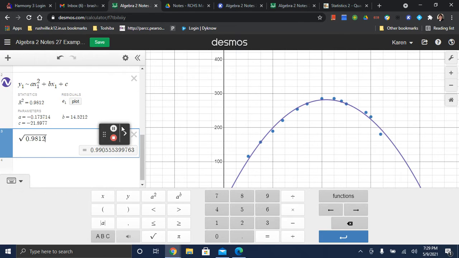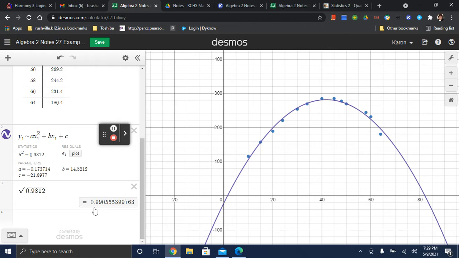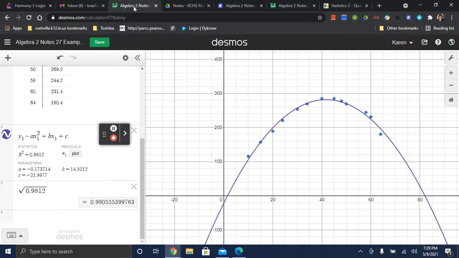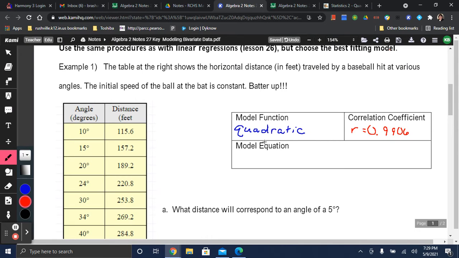That gives us a value of 0.99055. The second 5 is going to round this up to a 6, so 0.9906. Going back to the notes, we'll fill in R equals 0.9906.